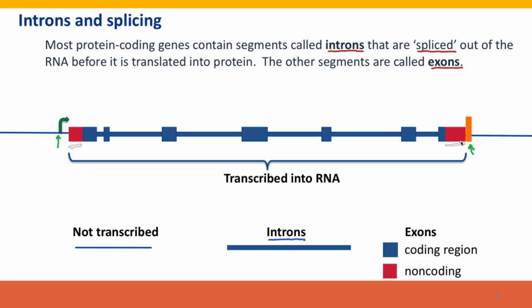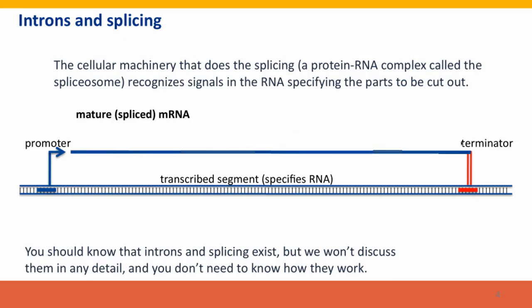Now, the next slide is a sort of a schematic of how splicing happens. So here again, we have a gene with a promoter and a terminator, and it includes segments that are going to be removed. These segments are the introns.